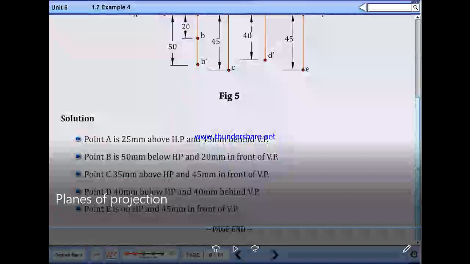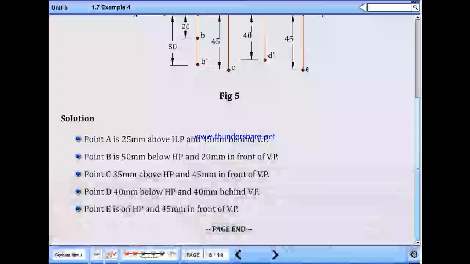Now you observe the solution. Point A is 25 mm above HP and 45 mm behind VP. Point B is 55 mm below HP and 20 mm in front of VP.